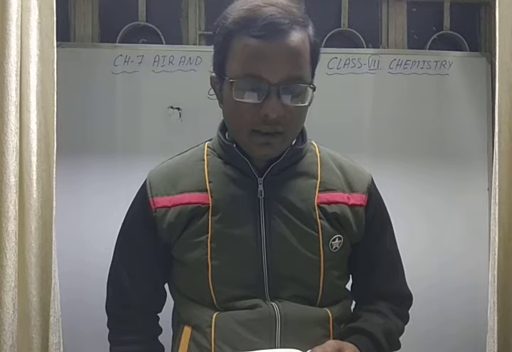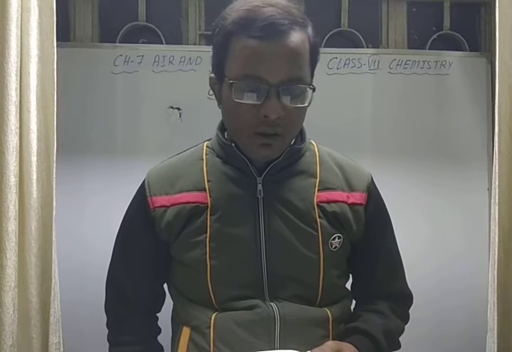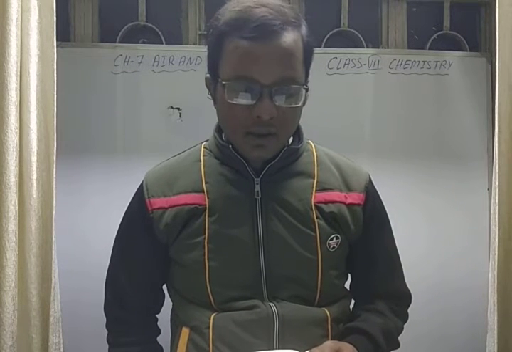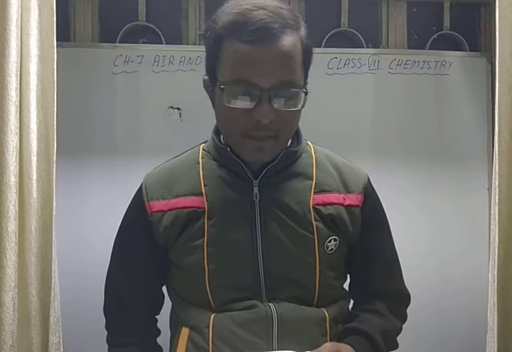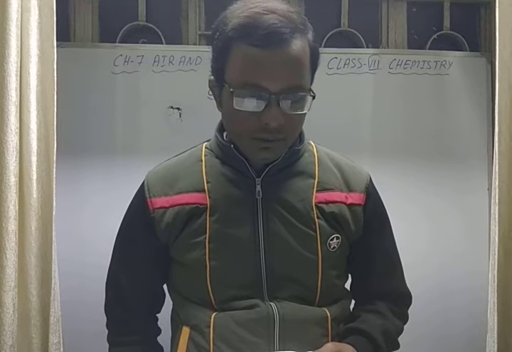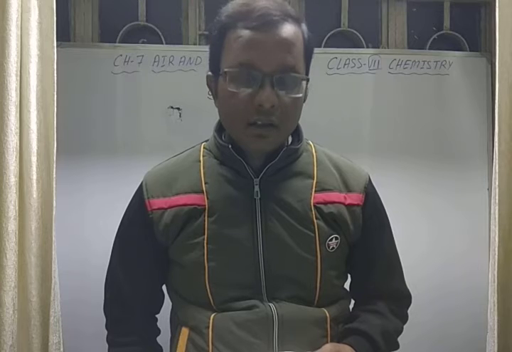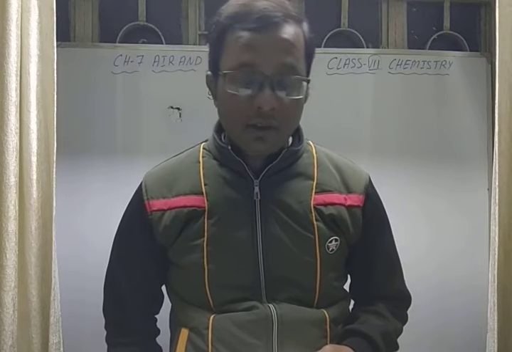Joseph Black showed that carbon dioxide is a constituent of limestone. Antonio Lavoisier studied the role of carbon dioxide in respiration. So this is the basic discovery of carbon dioxide gas.